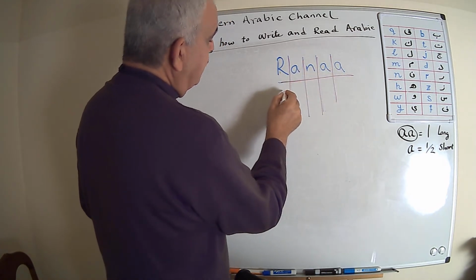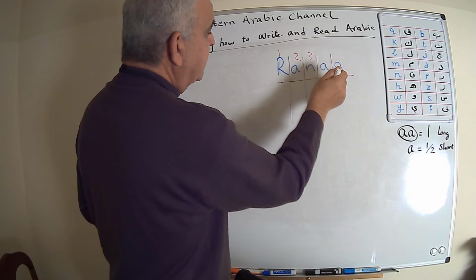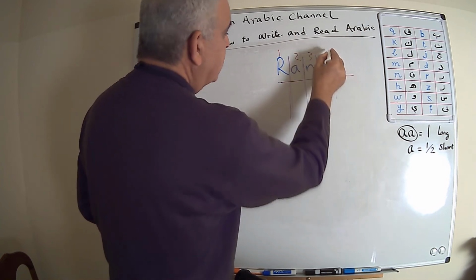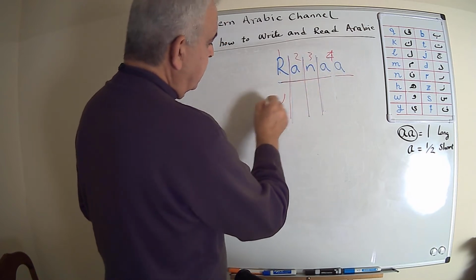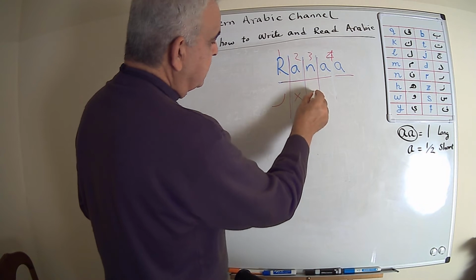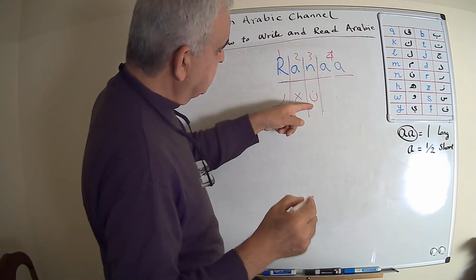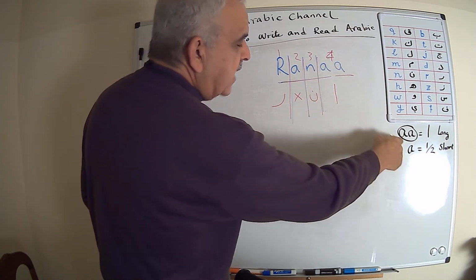This is number 1, 2, 3, and those together, because it's one sound in Arabic, number 4. So this is Ra, we don't write this. This is Noon, the N is like this, and double A is a sound.